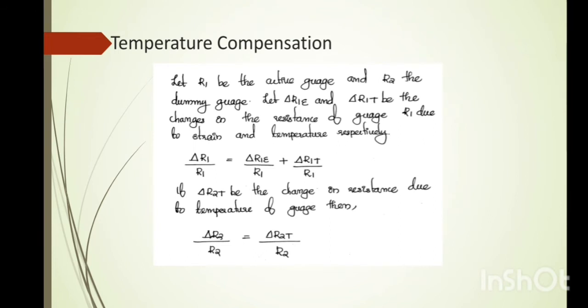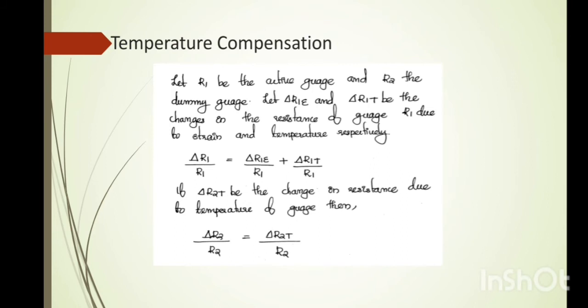Temperature compensation. Let R1 be the active gauge and R2 be the dummy gauge. Let delta R1 epsilon and delta R1T be the changes in the resistance of gauge R1 due to strain and temperature respectively. Therefore, delta R1 by R1 equals delta R1 epsilon by R1 plus delta R1T by R1.